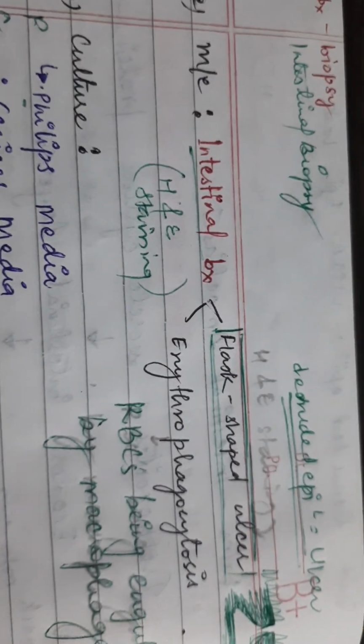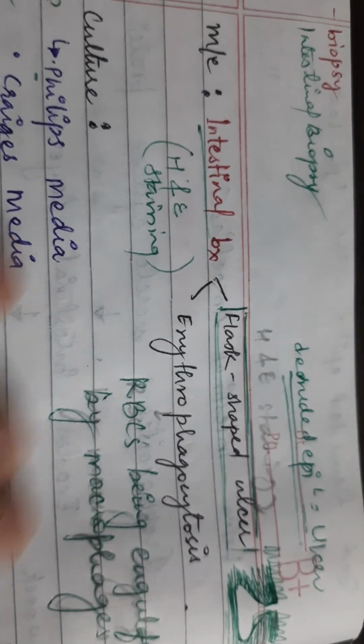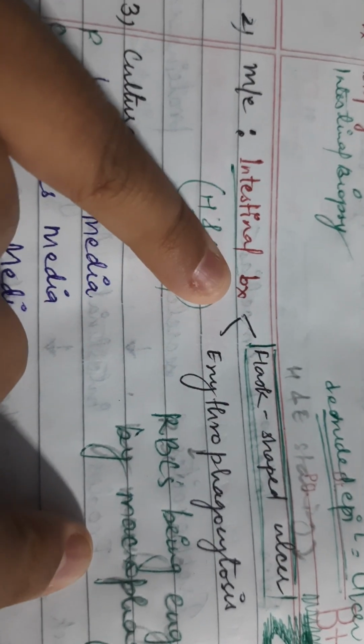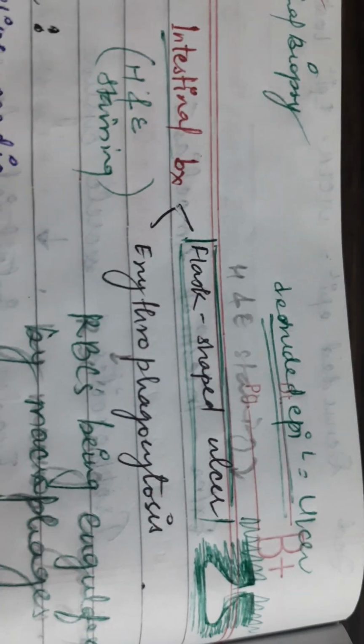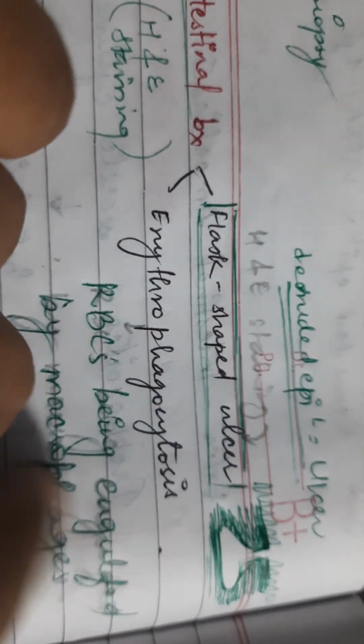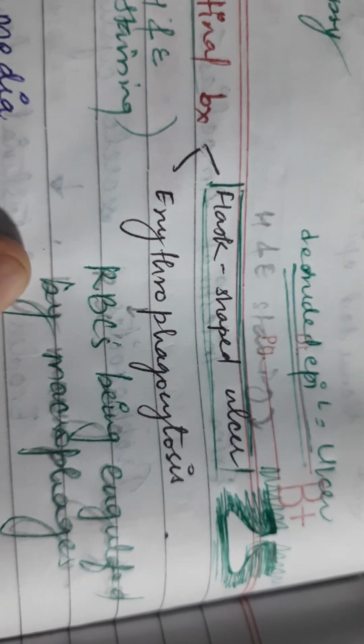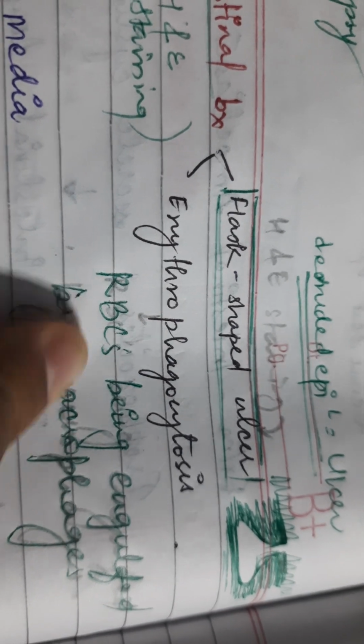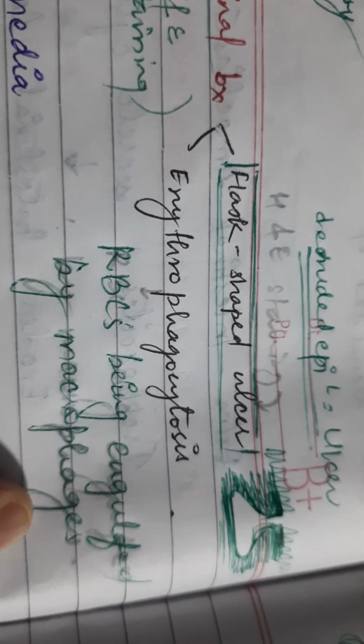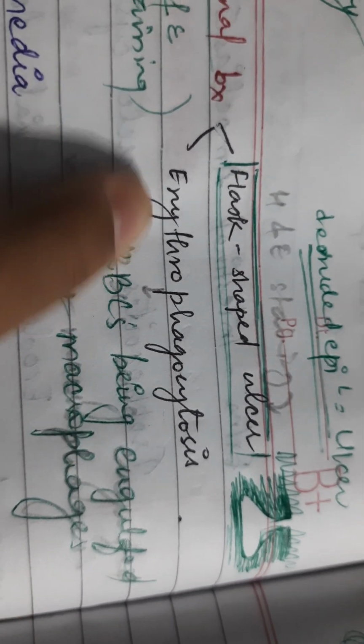Then in microscopy we can also do an intestinal biopsy with H&E staining, in which the flask-shaped ulcer and denuded epithelial ulcer are seen, along with erythrophagocytosis, RBCs being engulfed by macrophages.